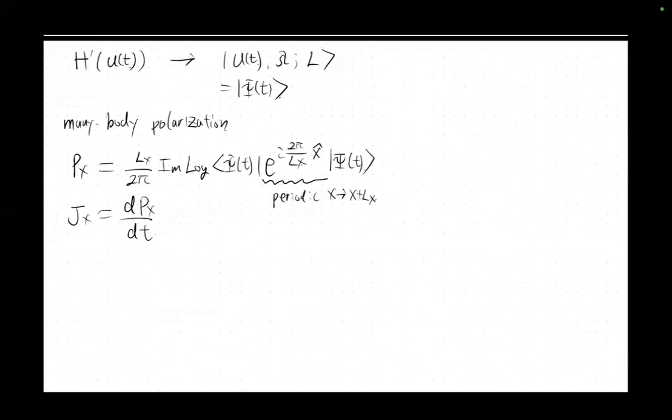Okay, so now we have two ingredients. The first ingredient is my state psi, and the second ingredient is the formula for computing current, so I can just put them together. When doing so, we'll notice the following. First, let me set psi at t equals 0 to be just u at t equals 0.